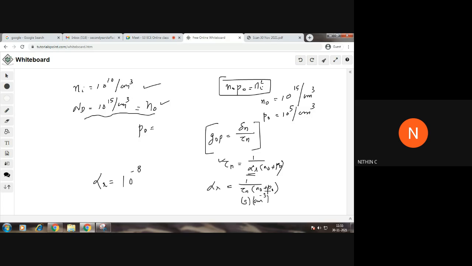N0 plus P0 is actually a concentration value, that is represented per centimeter cube. So what will be the unit of alpha r? Centimeter cube, second raised to minus 1. Alpha r is equal to 10 raised to minus 8 centimeter cube, second raised to minus 1.